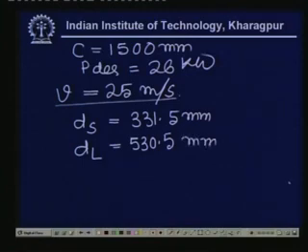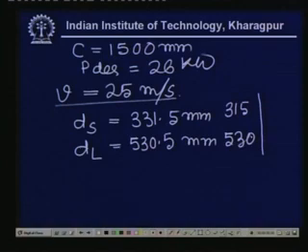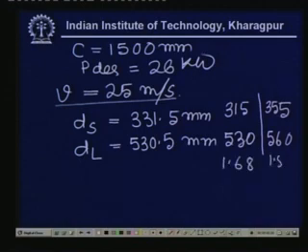If I consider the standard sizes, then one combination comes out to be around 315 by 530. Another combination comes out to be 355 and 560. If you consider the first speed ratio, it comes out to be 1.68. If you consider the second speed ratio, it comes out to be 1.58.